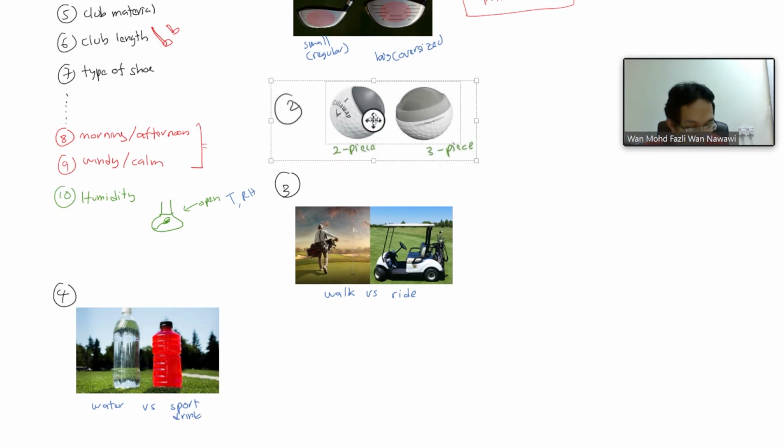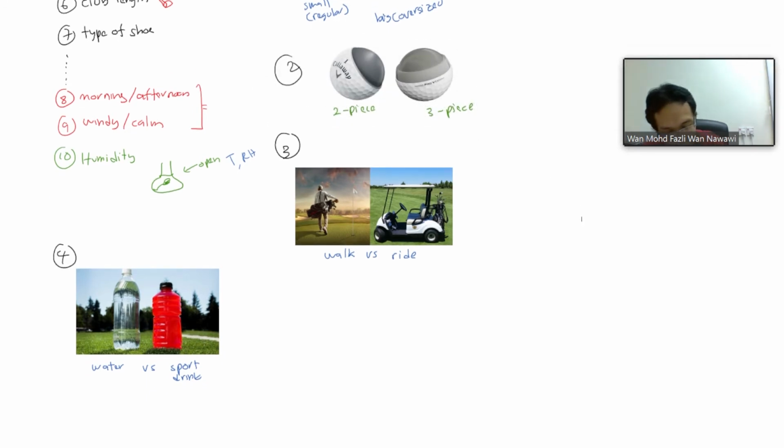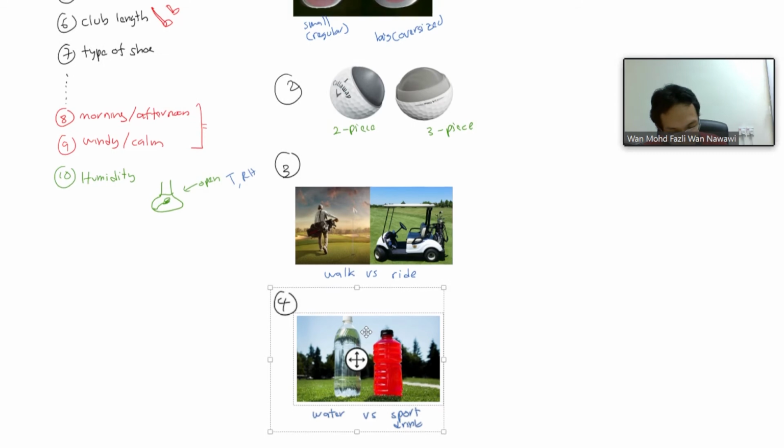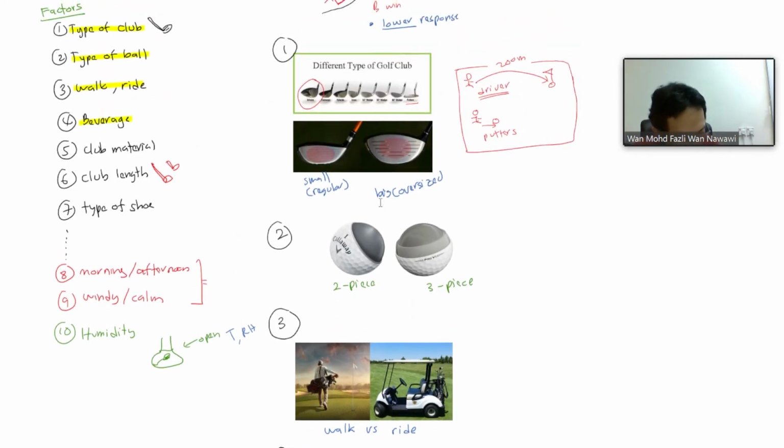This is also like a design of experiment. You organize your things so that it's easier for you to refer back again. It's also a type of experiment actually. So let me put number 2 and then number 3. Number 1 is basically type of driver.